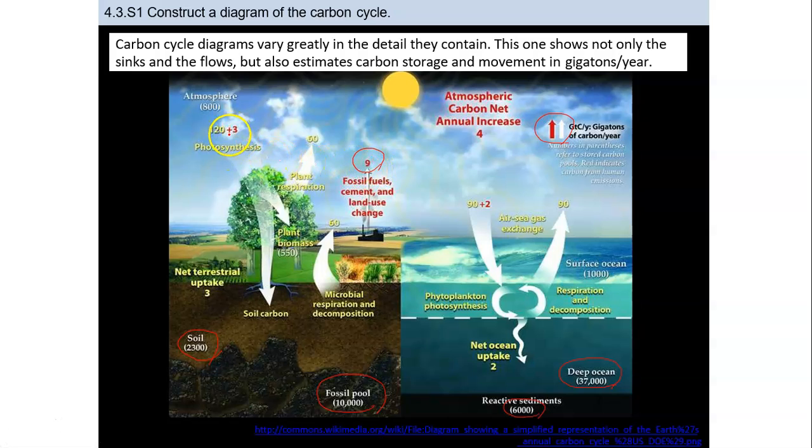Then 3 gigaton will be fixed by photosynthesis from the terrestrial plants, and from the phytoplankton and oceanic photosynthesis 2 gigatons will be fixed. But still we can see that 9 minus 5 is 4. So we will have a net annual atmospheric carbon increase of 4 every year.